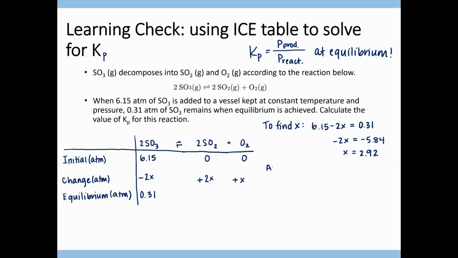So now, at equilibrium, the pressure of SO2 is 2x, which is 2 times 2.92, which is 5.84. And then the pressure of oxygen is just x, which is 2.92.